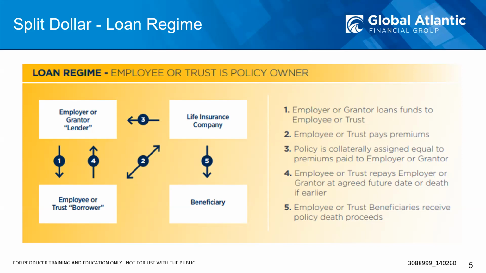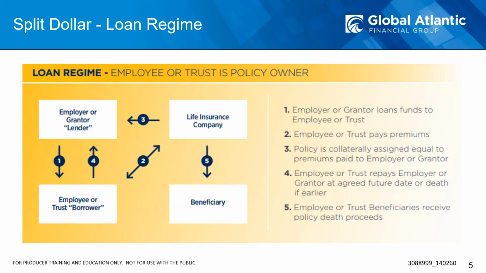So you see number 2 there, you see the employee taking that loan and paying the premium to the life insurance company. Now the employer is going to put a collateral assignment on the policy. We have that form already available. If a company would prefer to use a different form, we can do that. We just have to review it in advance. But basically, that's going to protect the company's loan.